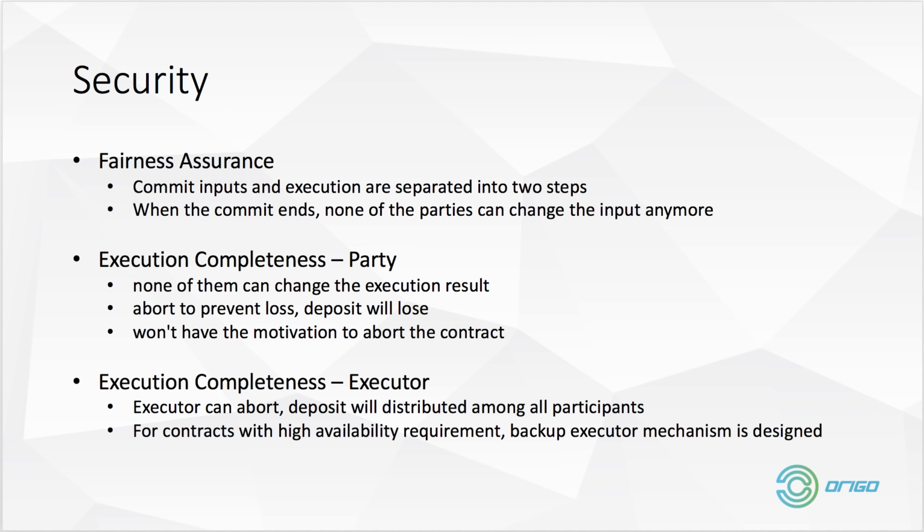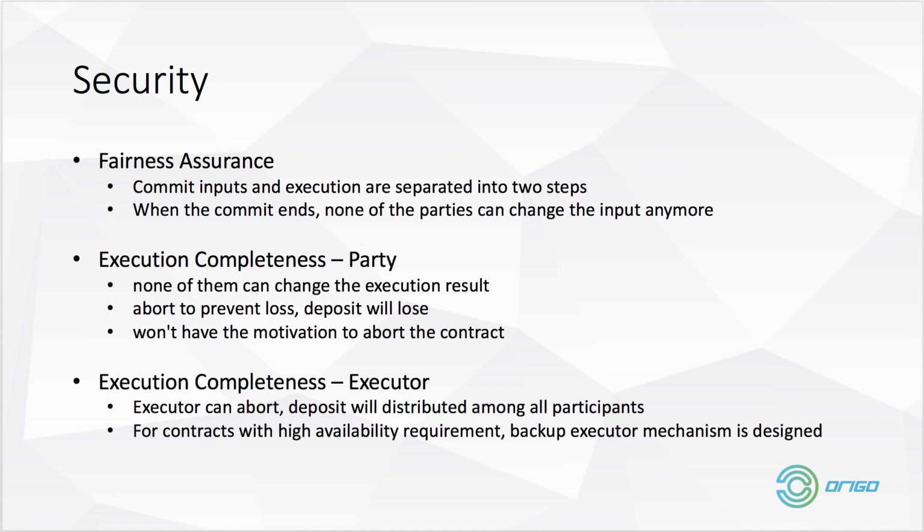I know that my commitment is scissors, so I would definitely lose if I open it to the executor. And then the executor tells me that this other guy put a rock, and I know I will definitely lose. So I refuse to open to the executor.